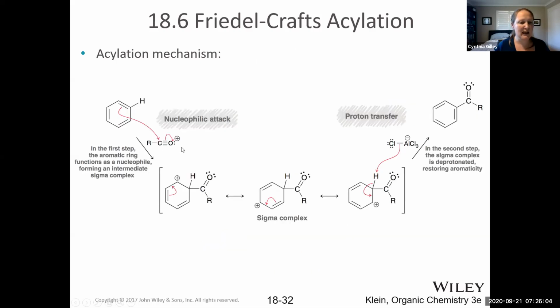So you can draw either resonance contributor of the acylium ion, that is the active electrophile for the aromatic ring to attack. And then again, in these Friedel-Crafts reactions, no water is present, so we use chloride as the base to regenerate the aromatic ring in the product.